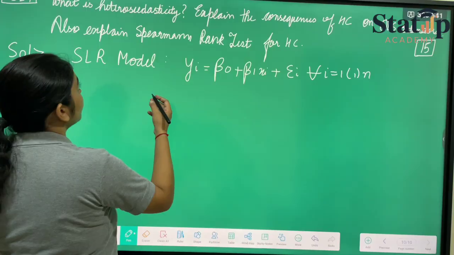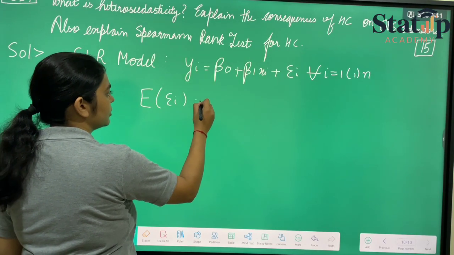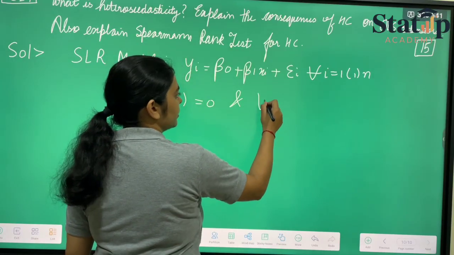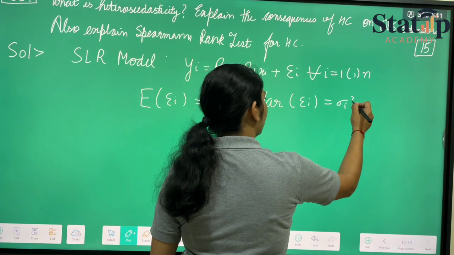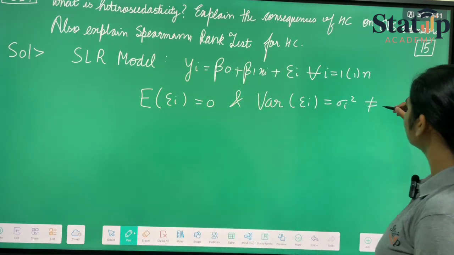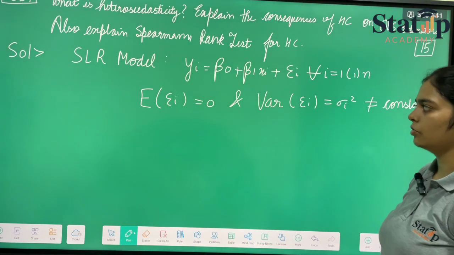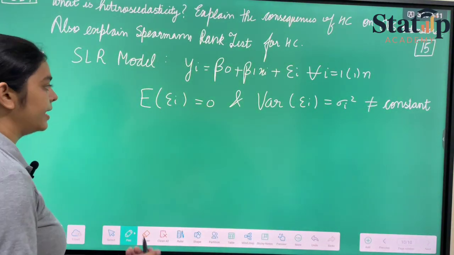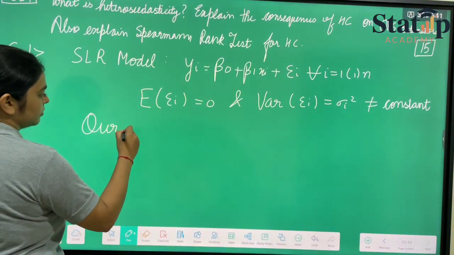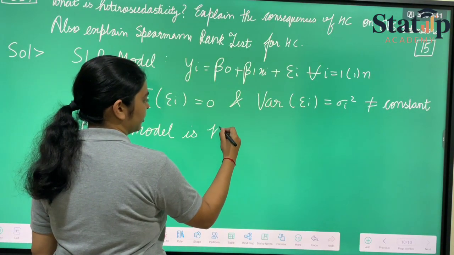Now here the expectation of epsilon i is equal to 0, and the variance of epsilon i is equal to sigma i square, which is not a constant. This variance is not a constant, and this means that our model is heteroscedastic.